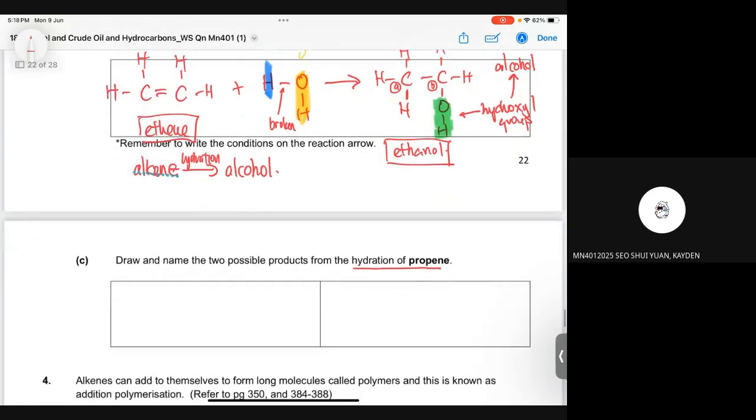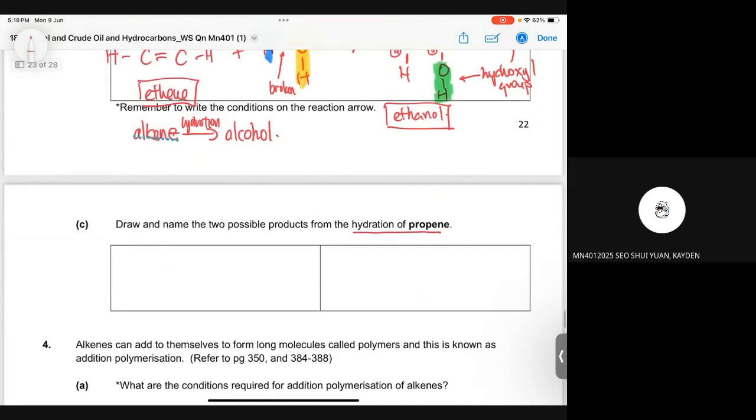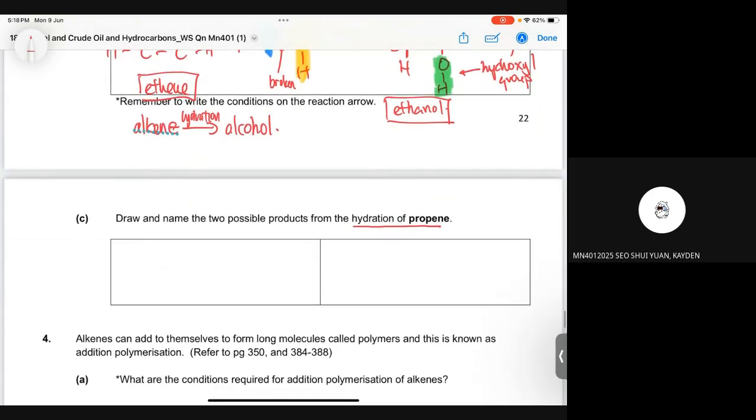Now, okay, so back to part C. I'm going to undergo hydration of propene. So I'm going to draw propene out. Propene is a 3-carbon alkene. So 3-carbon, I'll draw the double bond on the back part over here. Then I'll draw H, H, H, H, H, H. Now I'm going to condense this thing down.